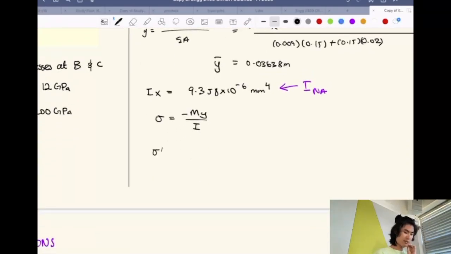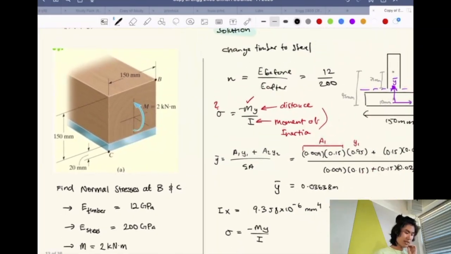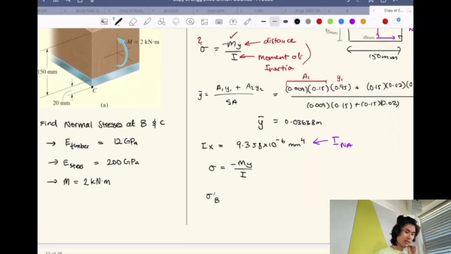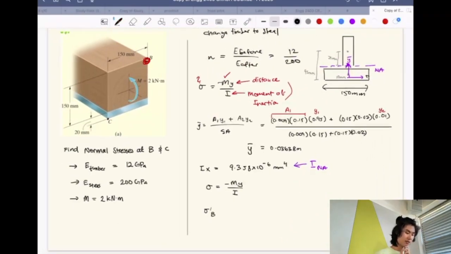For the stress at point B, which is at the top of where the wood is, you would take the very top, which is 150 plus 200, plus 20, which is 170 millimeters. So negative M, because of the internal moment, then 170 minus the y bar, so 0.17 minus 0.03638, all over the moment of inertia.